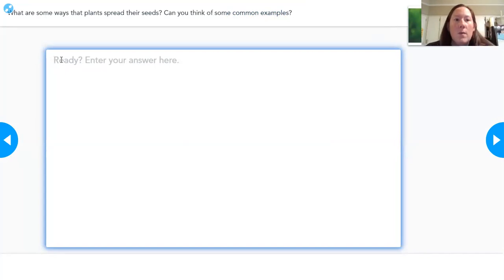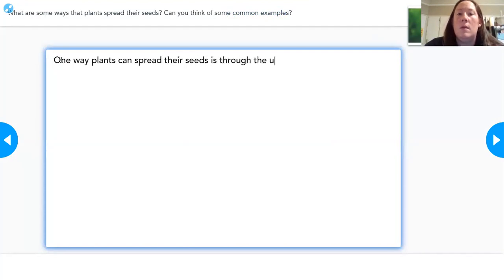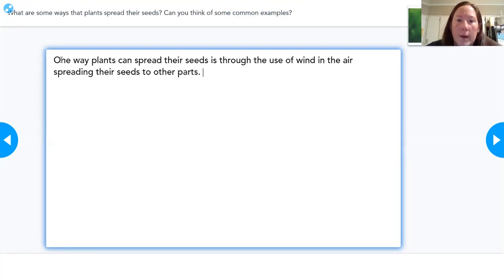So one way plants can spread is through the use of wind in the air, spreading their seeds to other parts. Right? That's one way. Can you think of a different way?